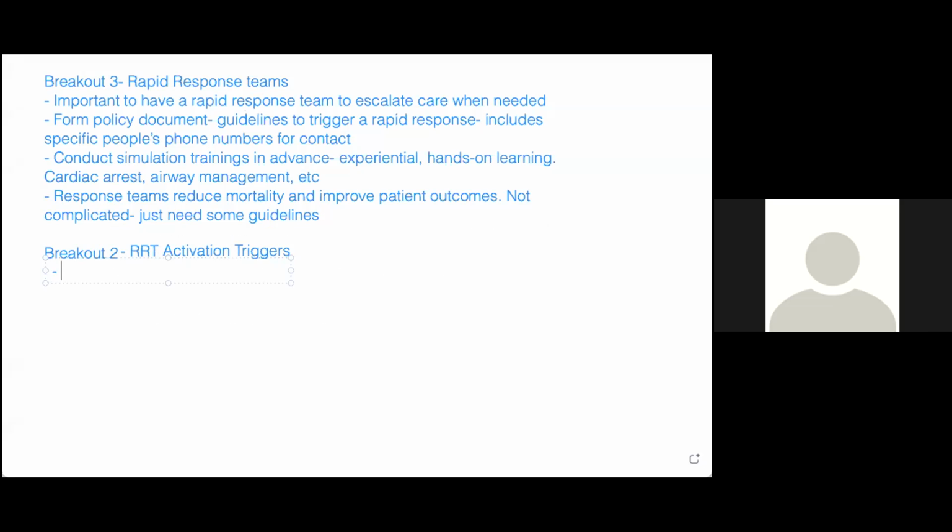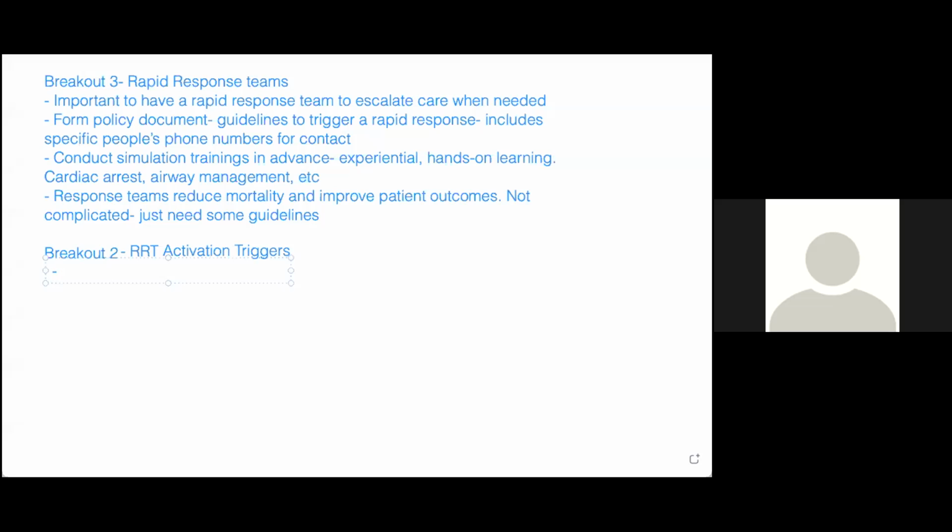Though I was not documenting anything, I think I can take it up from what I could get, as the network was a challenge at some points. The first thing we discussed was when do we trigger, or when do we call for help, or call the response team? When you have an emergency, you can trigger the rapid response team.